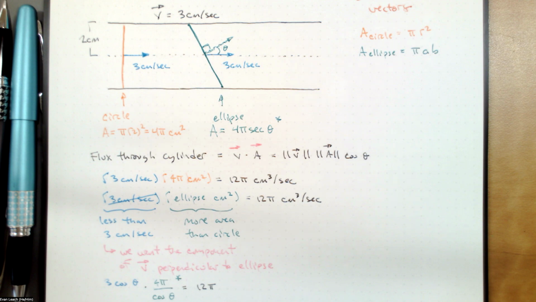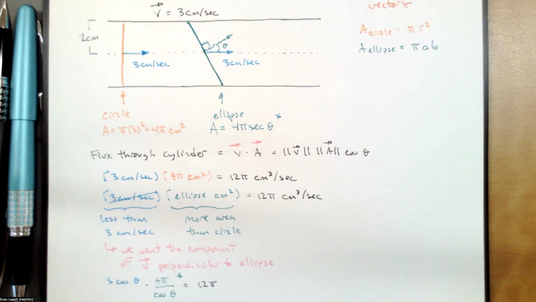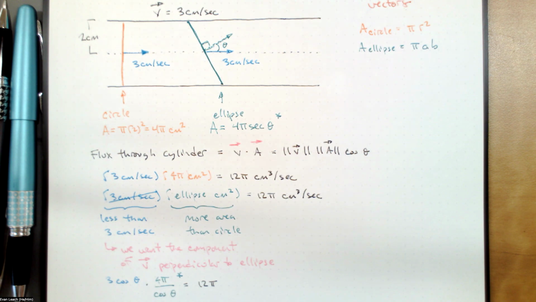To find theta, we could calculate it using an arc cosine. We don't have a value in this case because it's still just theta.